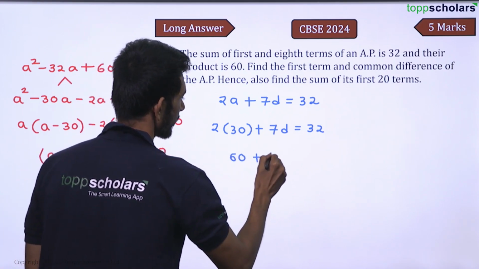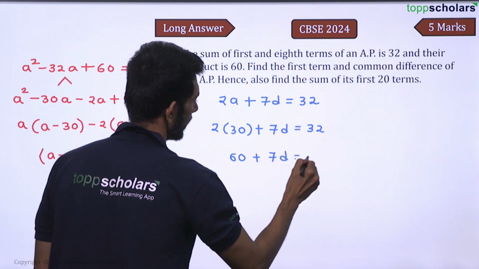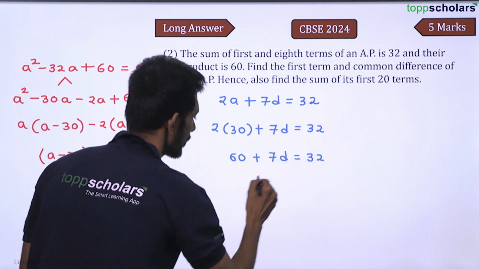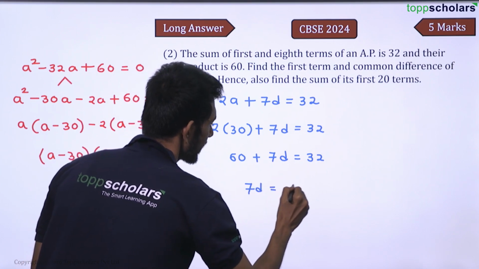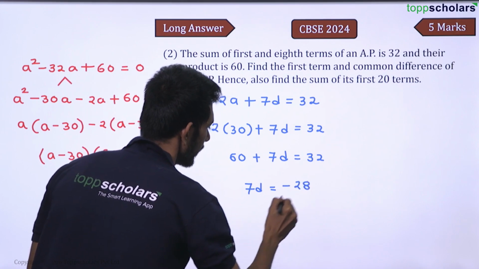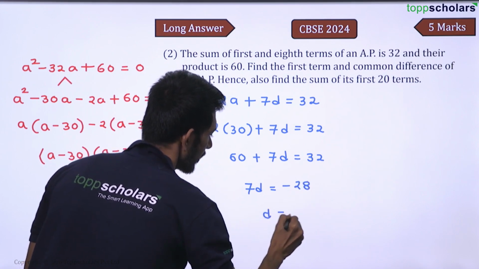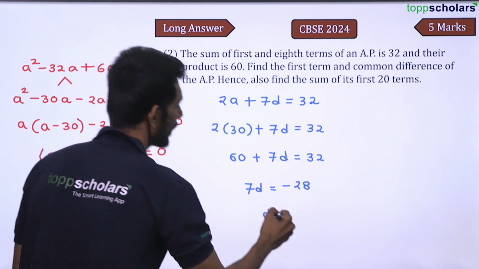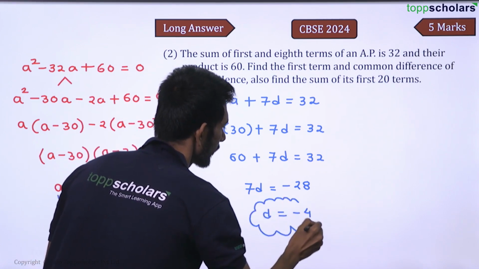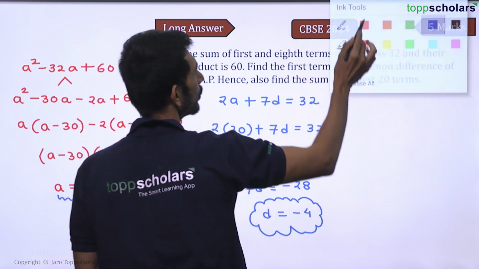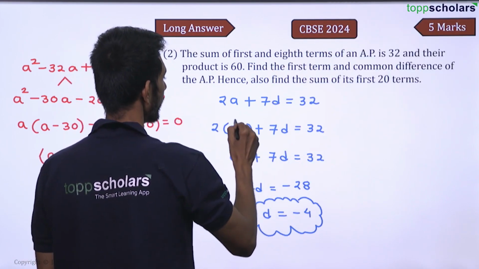So 60 plus 7D is equal to 32. 60 goes on the other side. So 7D is equal to 32 minus 60, that is minus 28. So D is equal to minus 28 divided by 7, which is minus 4. So D is minus 4 when A is 30.